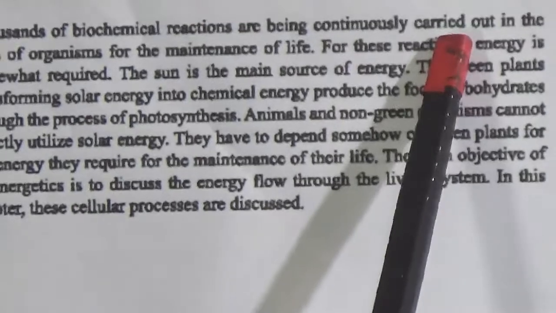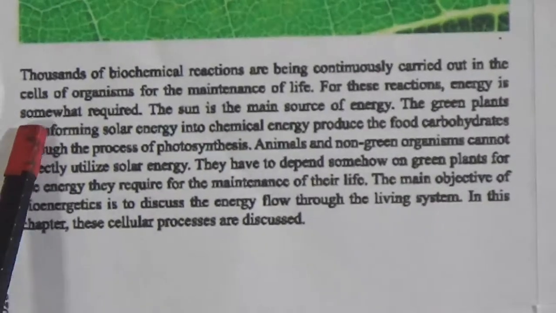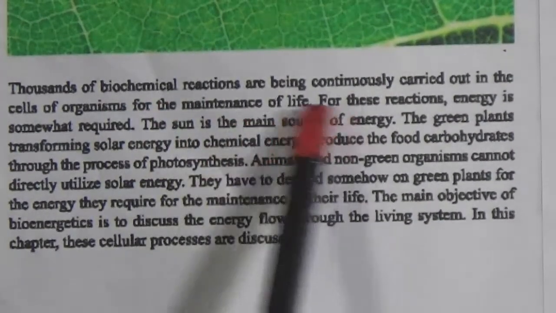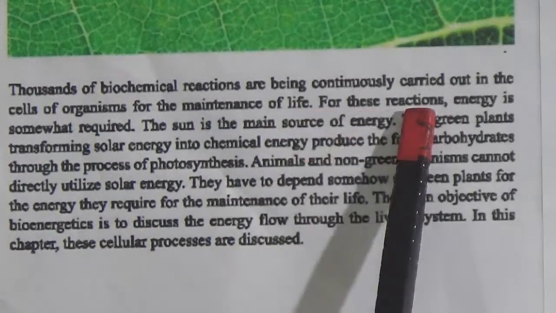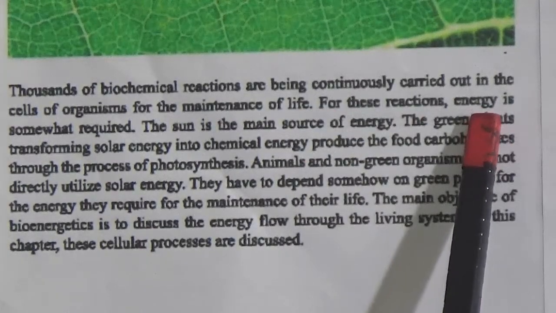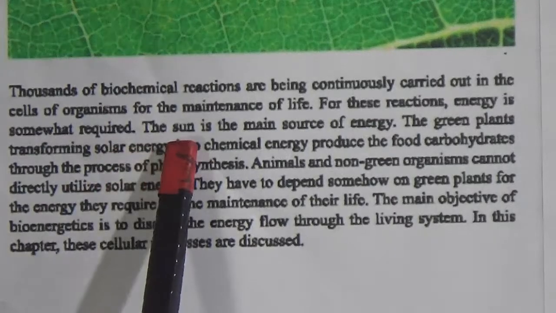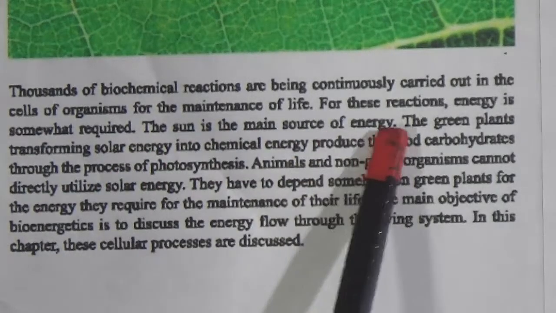Dear students, thousands of biochemical reactions are being continuously carried out in the cells of organisms for the maintenance of life. For these reactions, energy is required. The sun is the main source of energy.